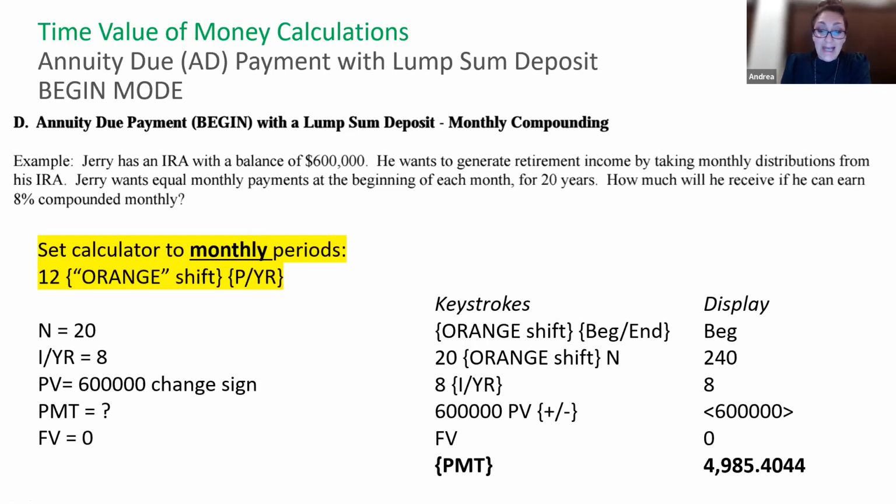If the present value was entered in as a positive, then your payment number will show up as a negative. But in this case, we're showing that you can enter it as a negative. We're solving for payment. There is no future value here. And those monthly payments that he can generate at the beginning of each month is $4,985.